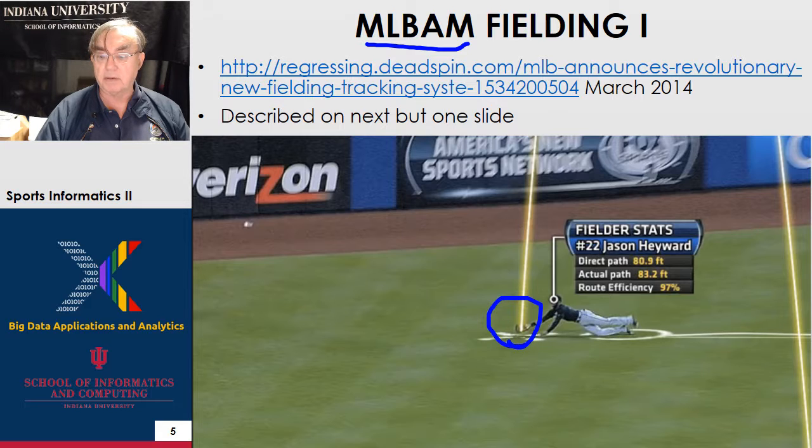You can see this fellow again producing a brilliant catch with the same type of statistics we saw before, and we actually have the ball highlighted. I gather this particular MLBAM analysis is more detailed than that from Sports Vision. Obviously, if you want to do something after somebody else, you better do it better, otherwise there's no point.